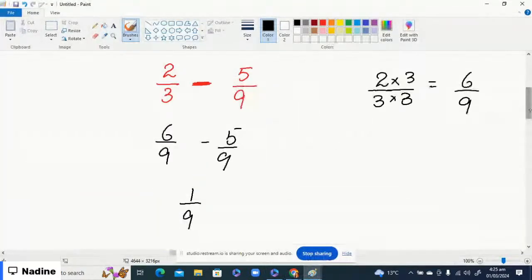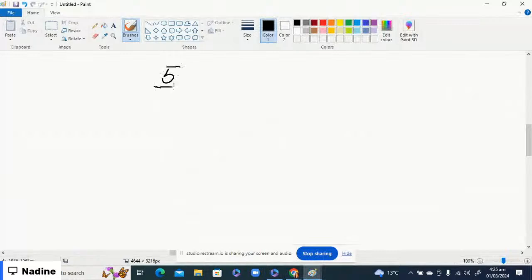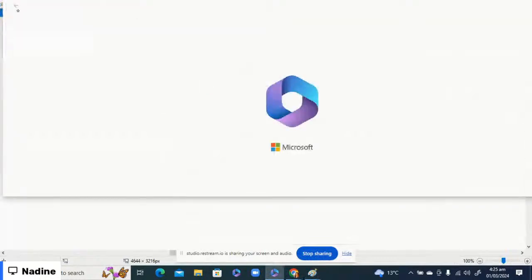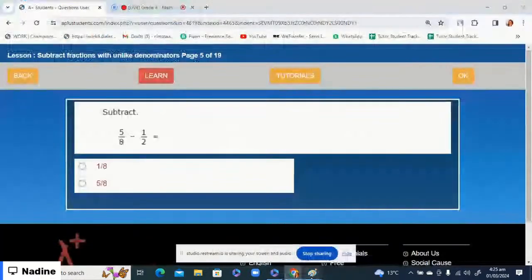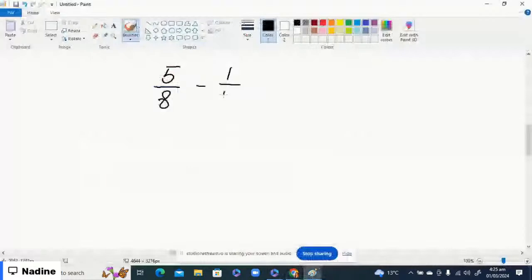So 5 by 8 minus, just give me a second, 1 by, what's the answer? 1 by 2. 5 by 8 minus 1 by 2. Okay, so which one is smaller? We get it. That is 1 by 2. So we are going to choose 1 by 2.